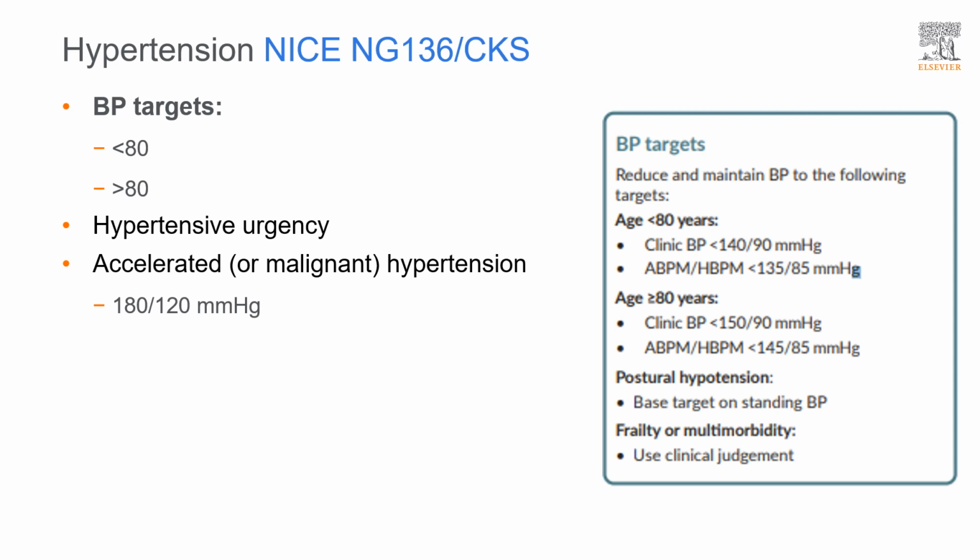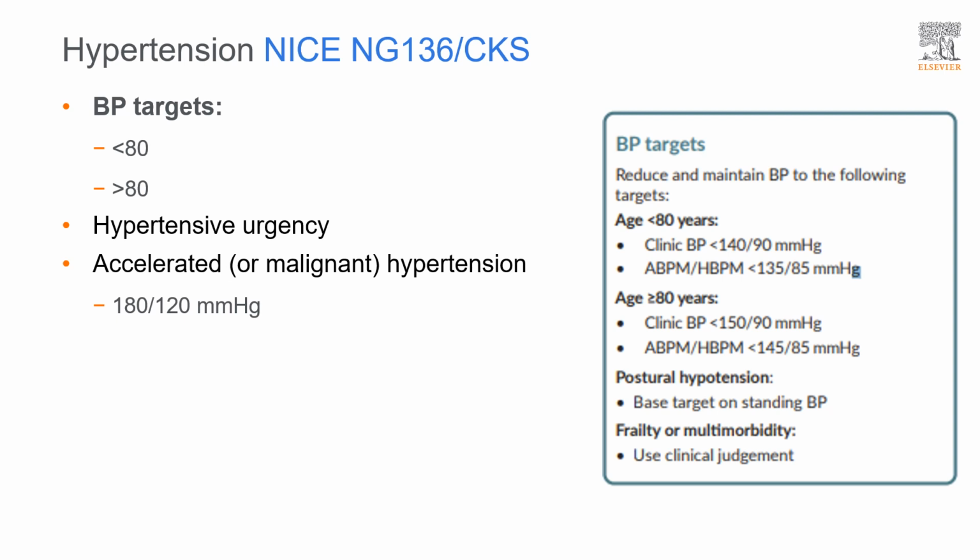Okay? So obviously, there are age cutoffs as well, so bear that in mind. The target clinic blood pressure, if under the age of 80, should be below 140 over 90. Whereas under the age of 80, ambulatory or home blood pressure monitoring needs to be below 135 over 85.